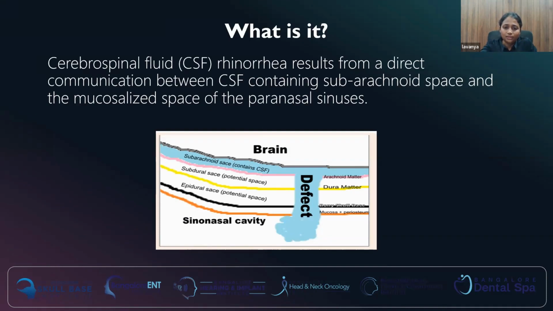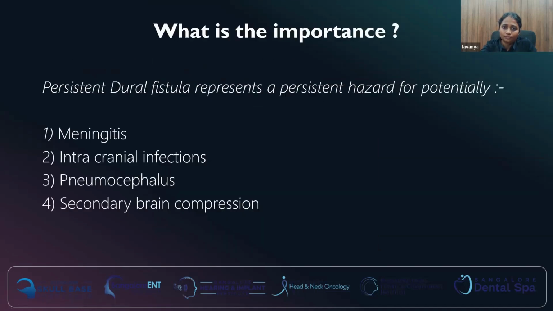As you can see here, the space has multiple layers. So when there's a defect connecting the subarachnoid space and the sinonasal cavity, the mucosalized space of the paranasal sinuses, there's leak of the cerebrospinal fluid through this defect into the sinonasal cavity. So this is known as CSF Rhinorrhea.